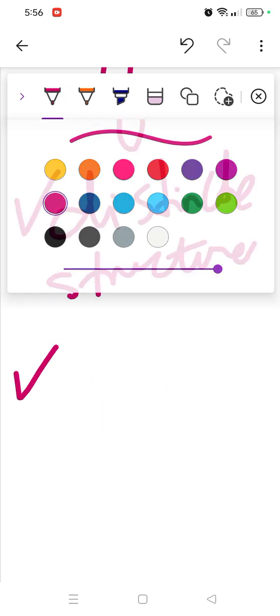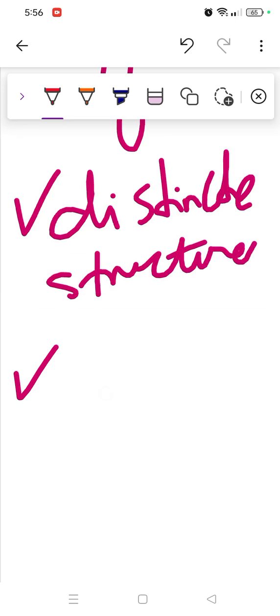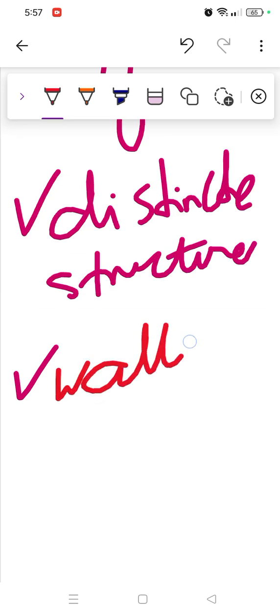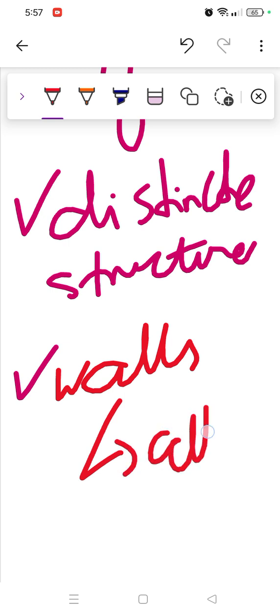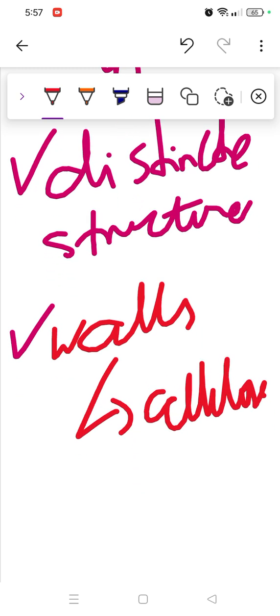You'll also see, let's go with red, that their walls are made up of cellulose and pectic substance.